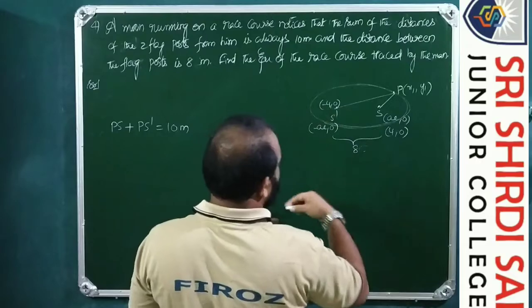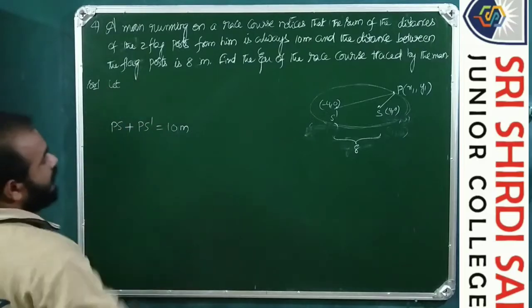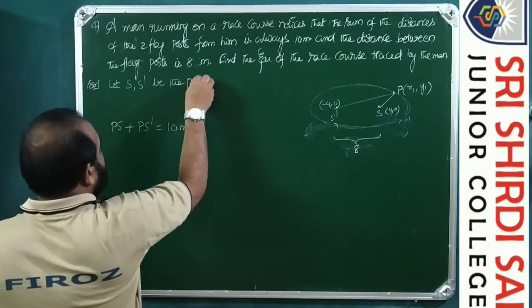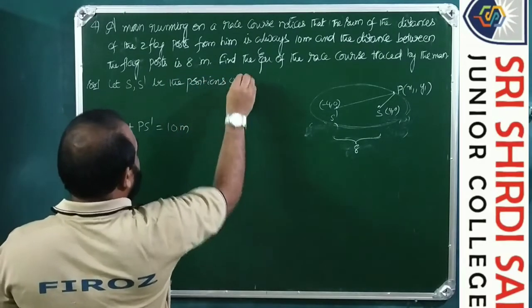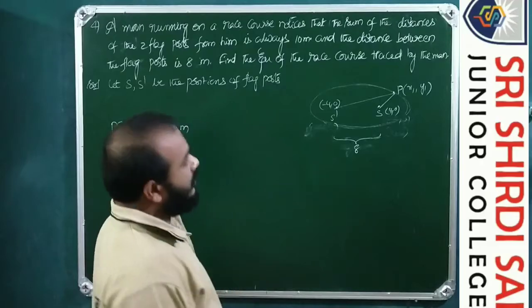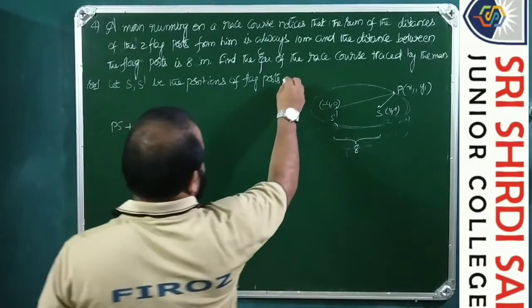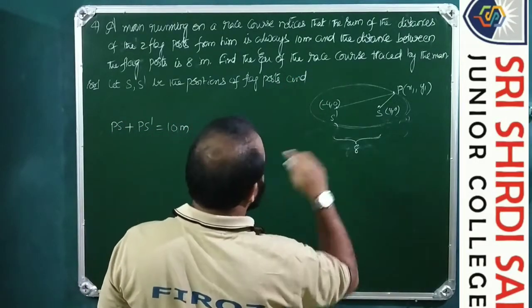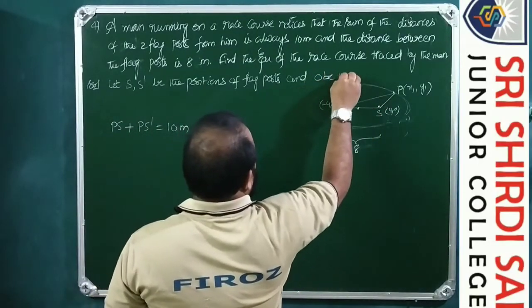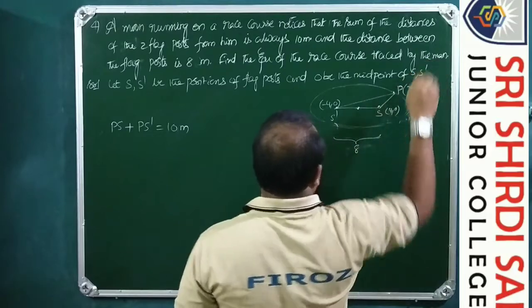Let S and S dash be the positions of the flag posts and O be the midpoint of SS dash.